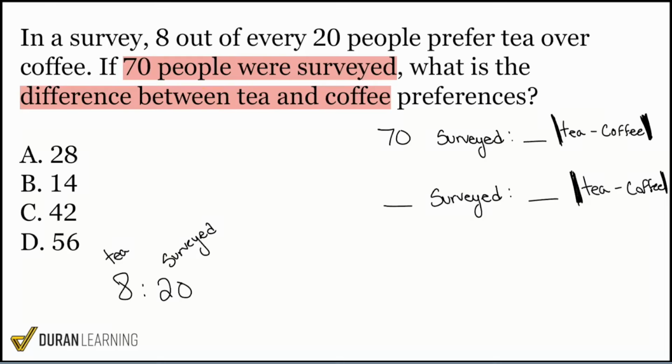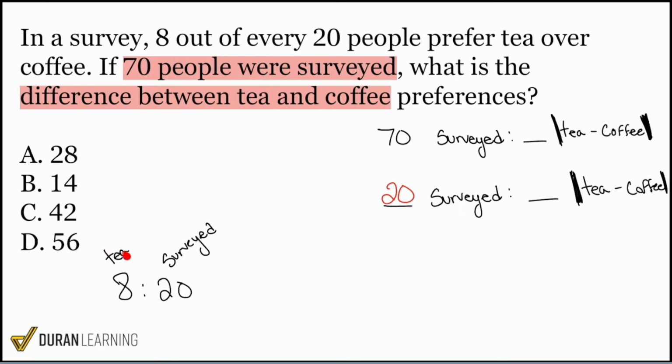So check it out. I can place the 20 right there because, again, 20 were surveyed. Then you might be asking, wait, how am I actually supposed to get the ratio number, the part here, for the difference? Well, here's how. If we survey 20 people and 8 of them say tea, how many of them would you expect to say coffee?